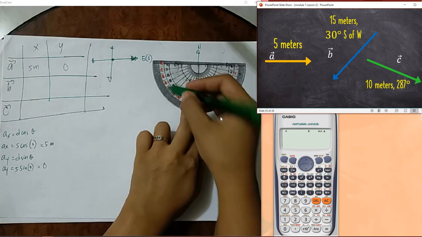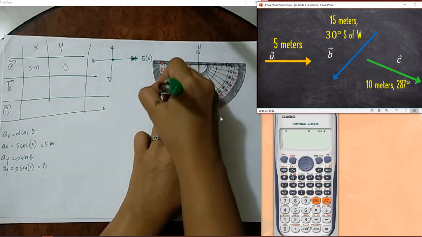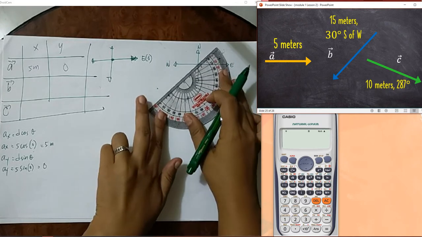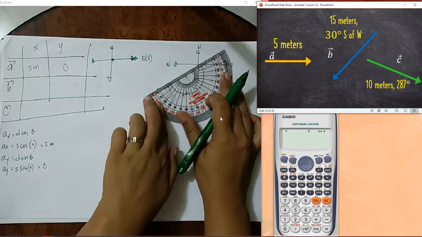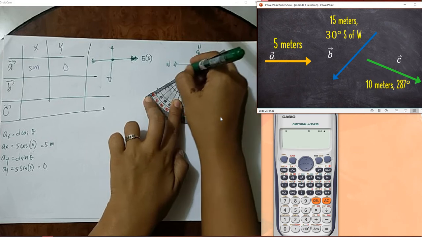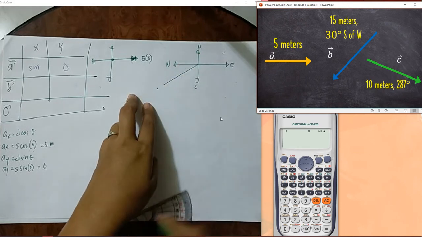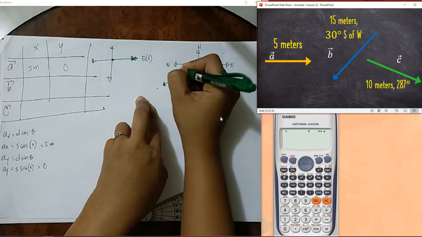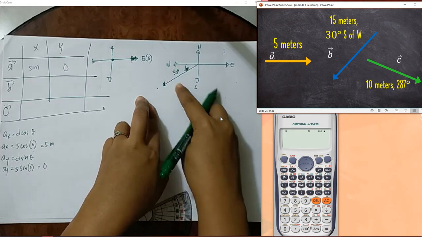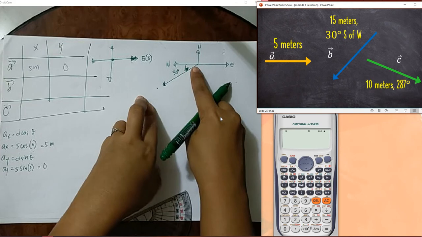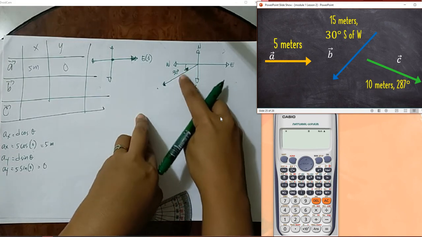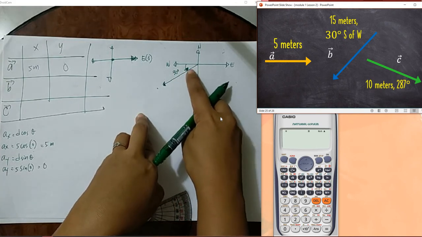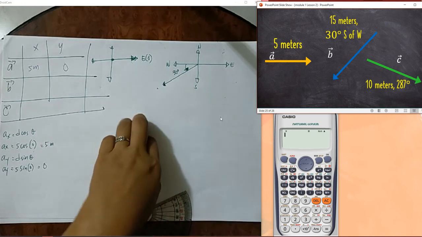So, nandito yung 30 degrees. Ayan siya. So, this is south of west. So, eto yung 30 degrees natin. Ito yung south of west. So, ito yung itsura ni 15 meters, 30 degrees south of west.